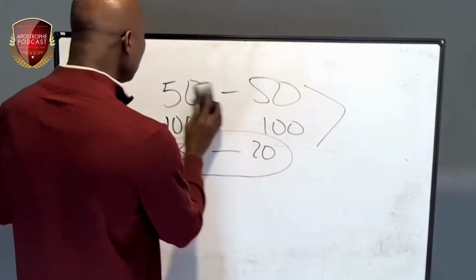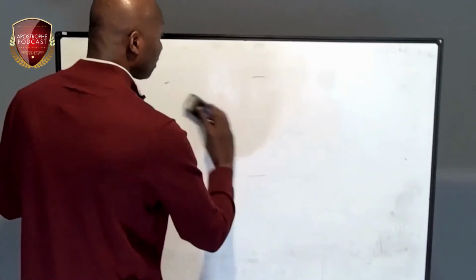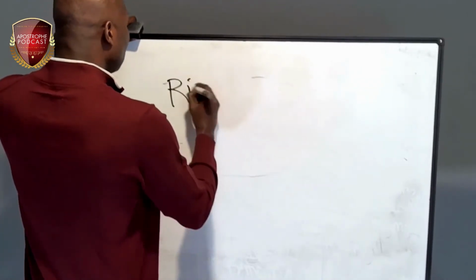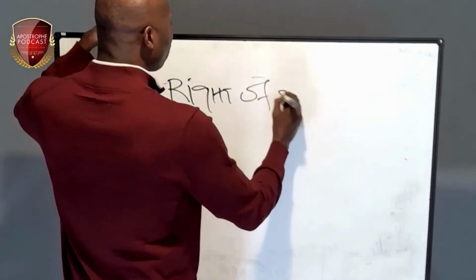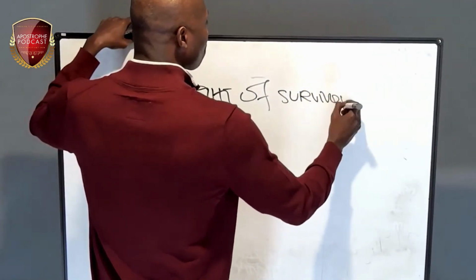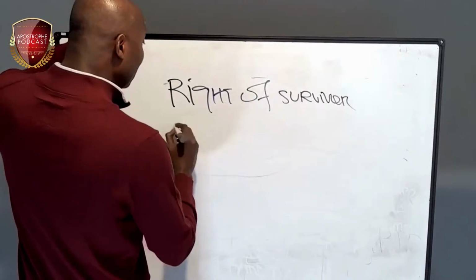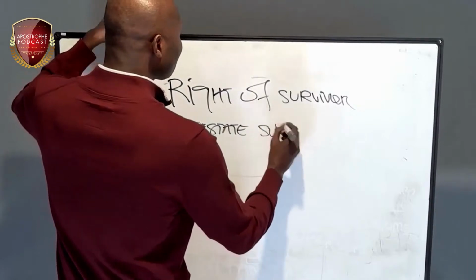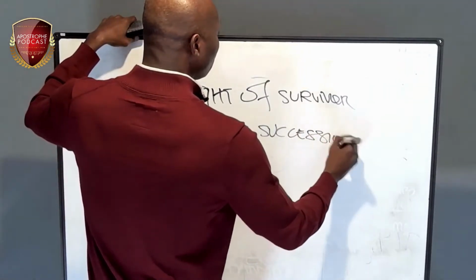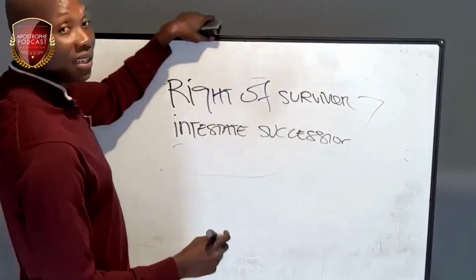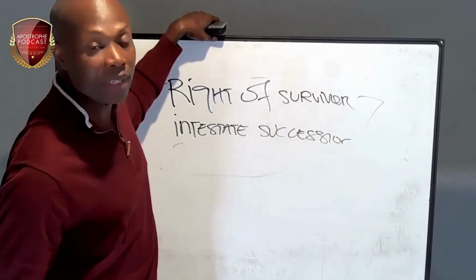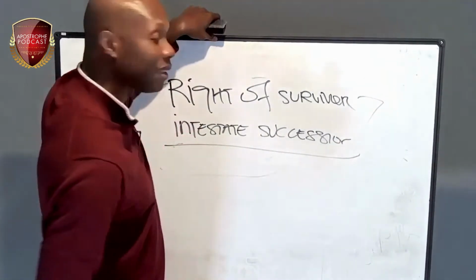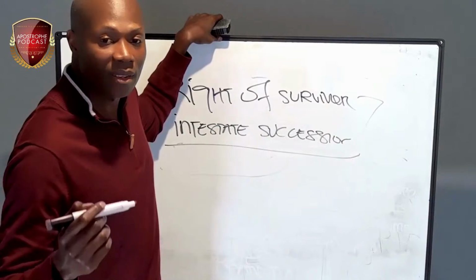That's why we mentioned two concepts that will kick in: the right of survivorship and intestate succession. The kids will inherit in terms of divorce or death in those states that do the 80-20 split.